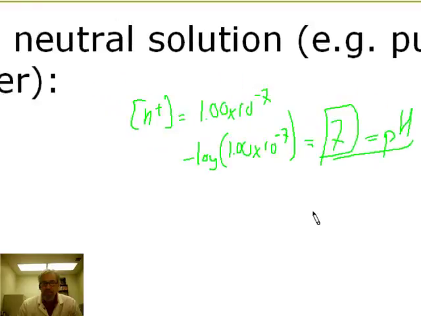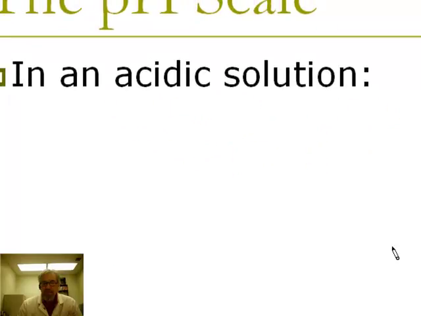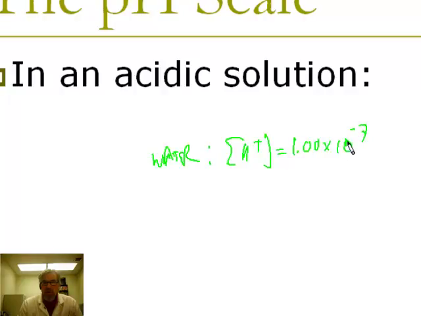What about in an acidic solution? Well, in an acidic solution, the concentration of H plus is higher because many protons have been donated. So what would that mean? Let's take a look at an example where we compare H plus concentration with pure water. In water, concentration of H plus is 1.00 times 10 to the negative 7th. Let's just pick a number that's bigger than that.